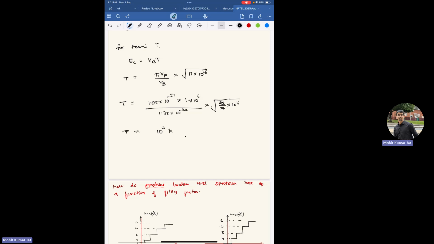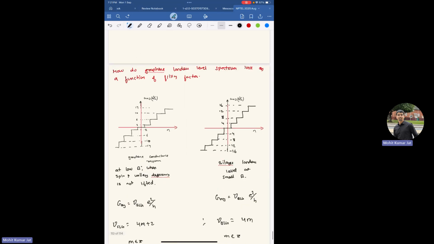And at the last, we discussed how you distinguish a graphene device from a bilayer graphene device by measuring its conductance. If you measure the conductance in the presence of a finite magnetic field by sweeping the carrier density n, you get quantization in the conductance, and from that you can tell whether it's a single layer or a bilayer.